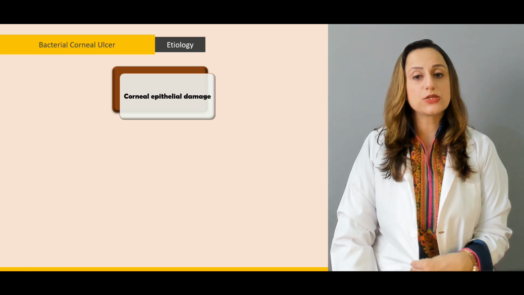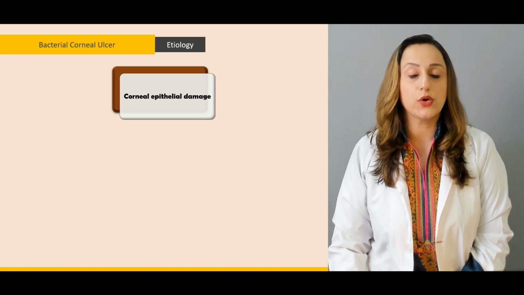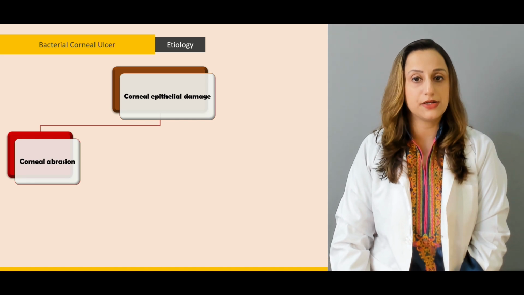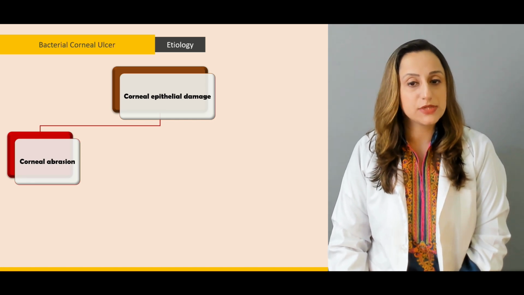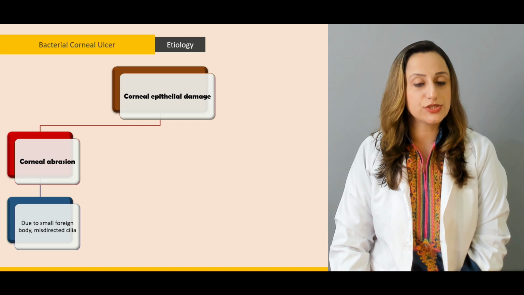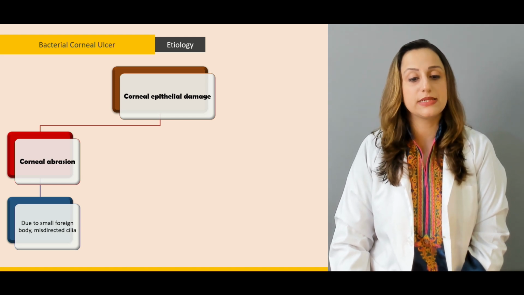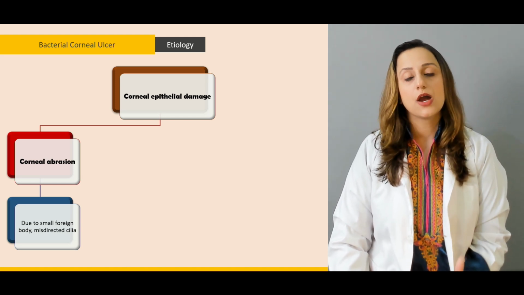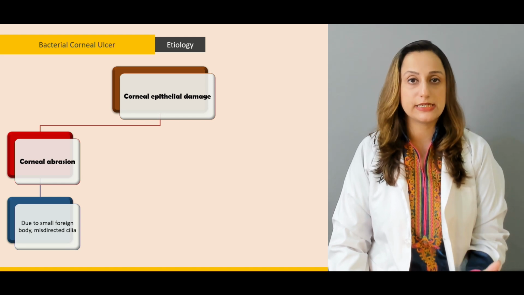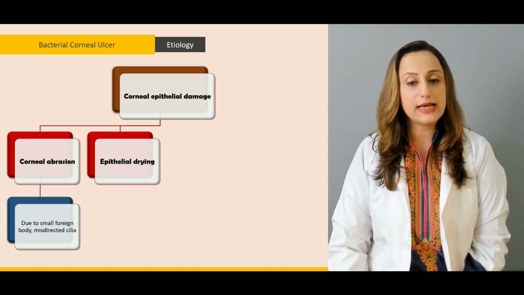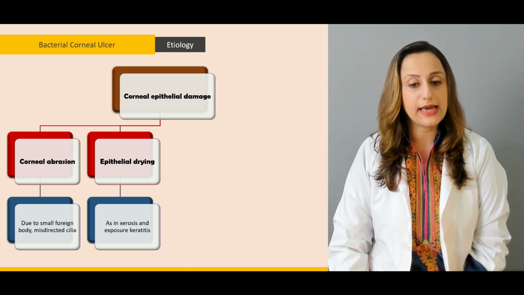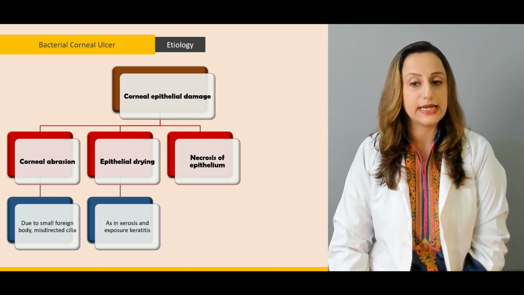The etiologies over here consist of the corneal epithelial damage that can occur. The epithelial damage occurs due to corneal abrasions and small foreign bodies that are misdirected. Cilia can even contribute towards the irritative factors, as well as epithelial drying phenomena, as in xerosis and exposure keratitis.